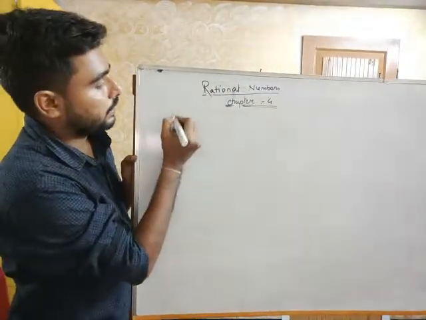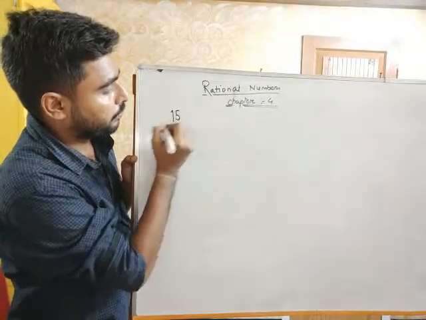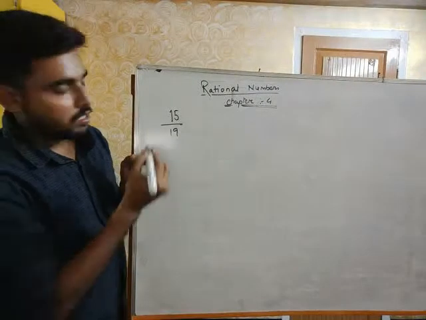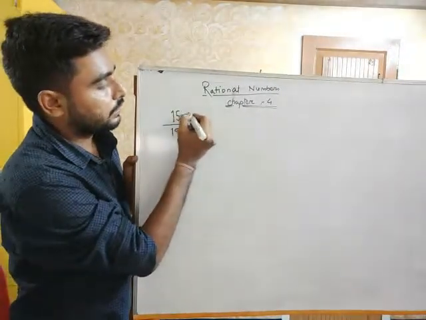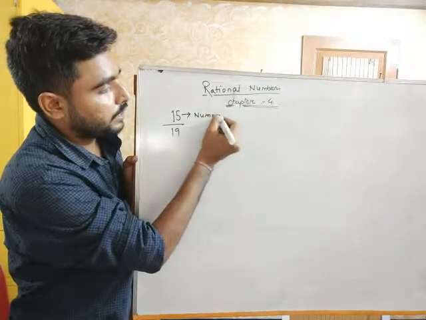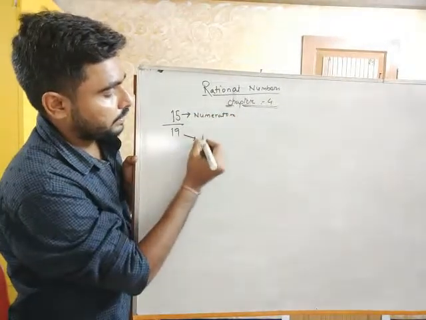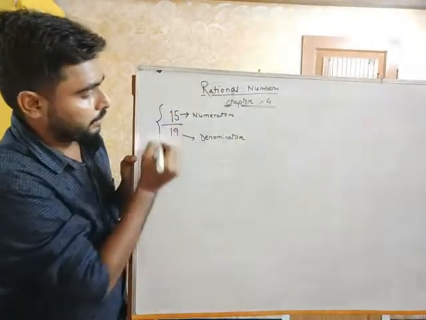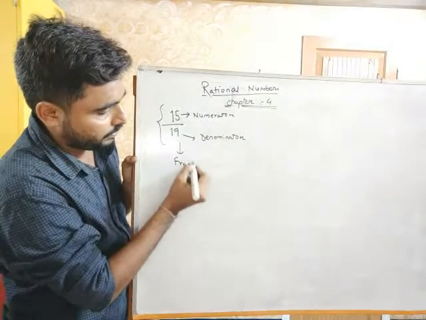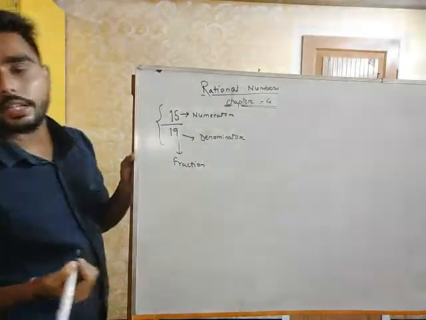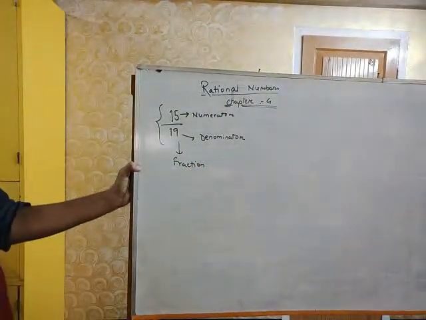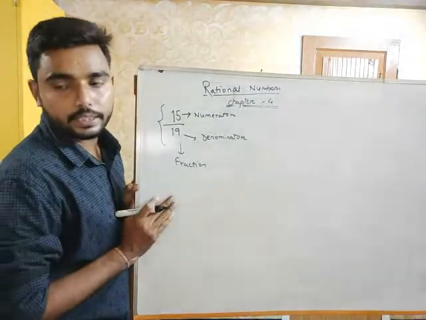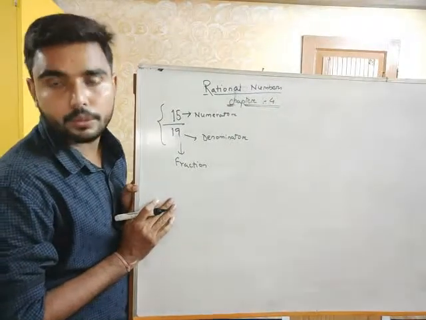So suppose I write a number 15 by 19. Here 15 is the numerator and 19 is the denominator. So this can be said to be a fraction. But at the same time, I can say it is a rational number also.